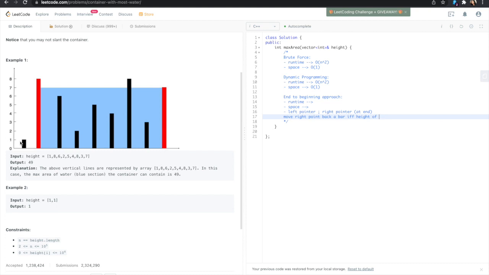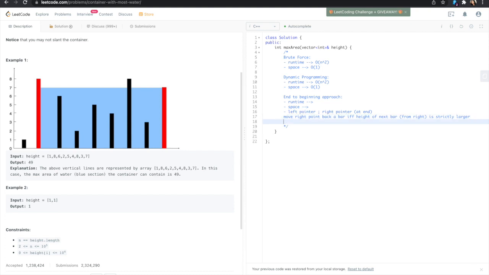Always constrained by that. Smaller. Right. Okay, so we move the right pointer back a bar if and only if the height of the next bar from the right is larger, so strictly larger. Otherwise, it doesn't matter, right? Okay.